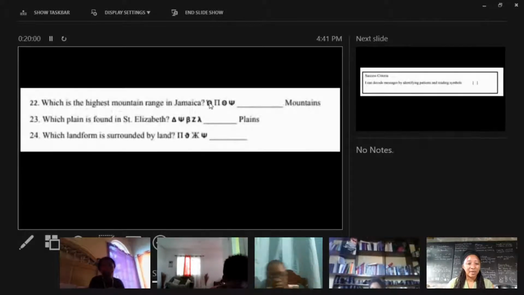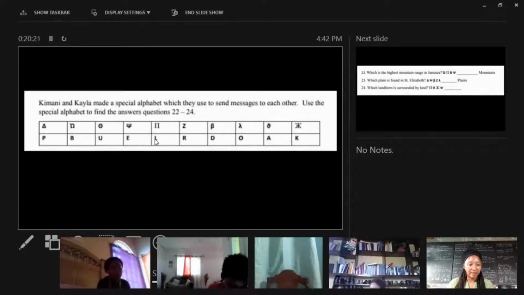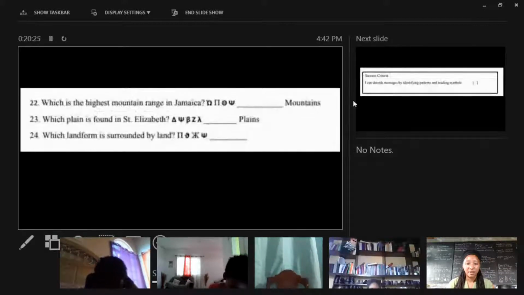It started with a circle with a little line, then the 2 strokes, and the clock and the W. The W is E, the clock is U, this is B, and this is L. So BLUE. So that would be Blue Mountains.